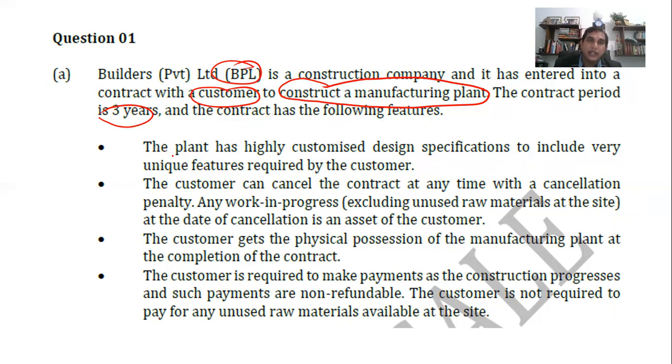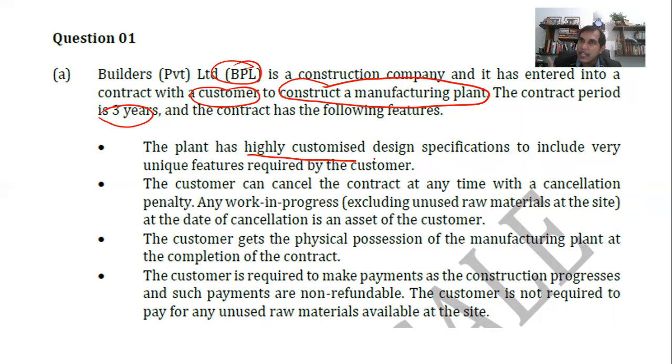First bullet point: the plant has highly customized design specifications to include very unique features required by the customer, meaning there is no alternative use.